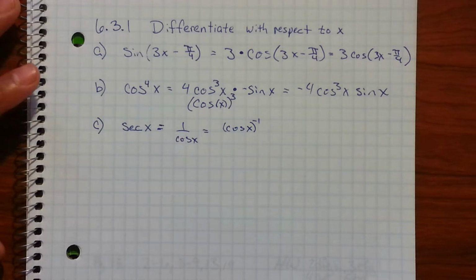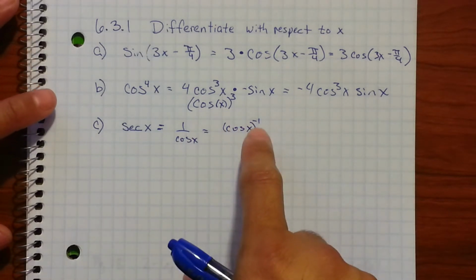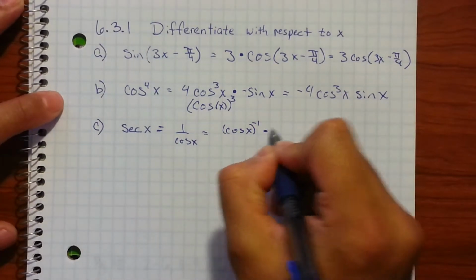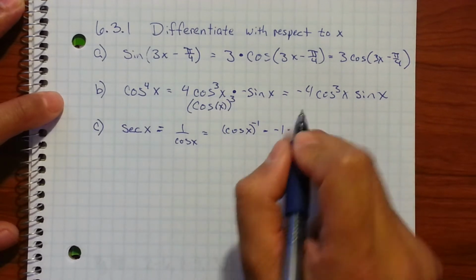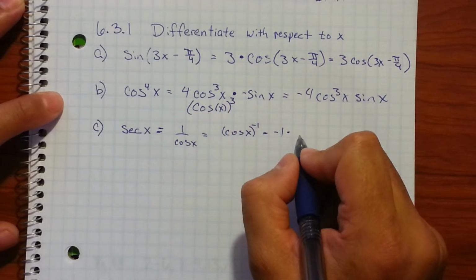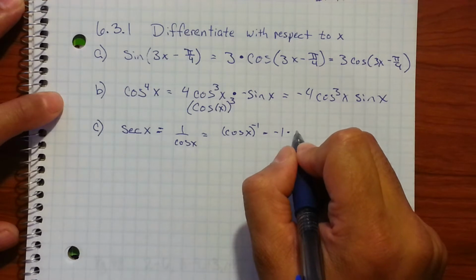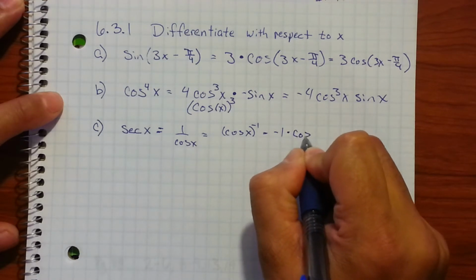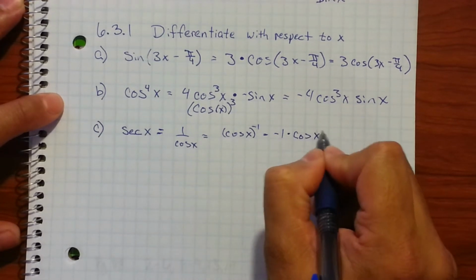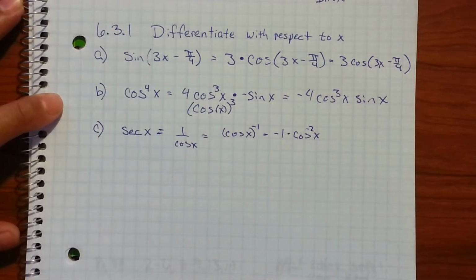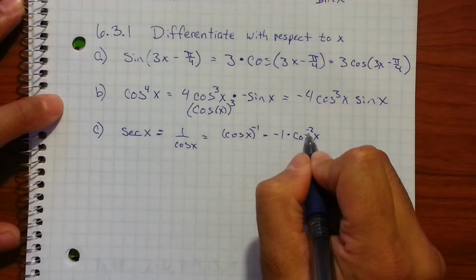Once I do that, now I can go ahead and take the derivative. So let's start with the derivative of the outside. It's going to give me negative 1 times cosine x raised to the negative 2, because I take away 1.